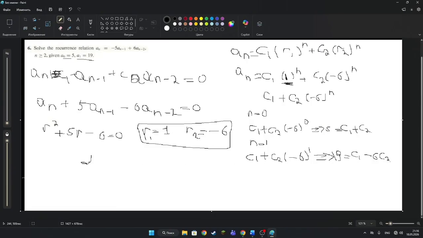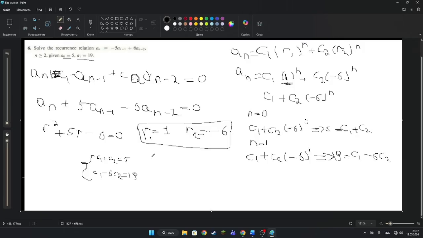So we have a system: c1 plus c2 is equal to 5 and c1 minus 6c2 is equal to 19. From the first one, let's subtract the second equation.